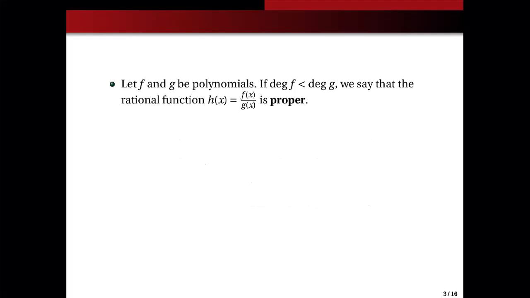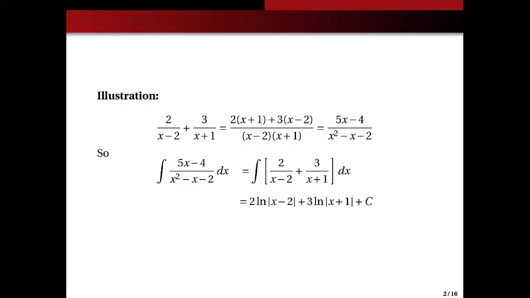So the degree of the polynomial in the numerator is less than the degree of the polynomial in the denominator. This is an example of a proper rational function. The degree of the constant function is just 0, and the linear function has degree 1.